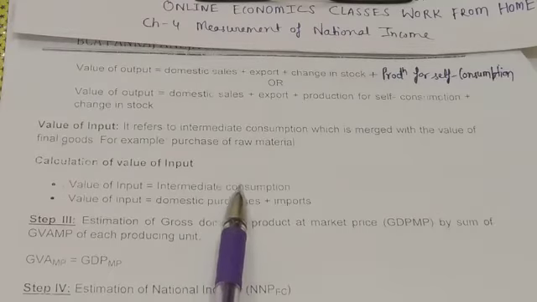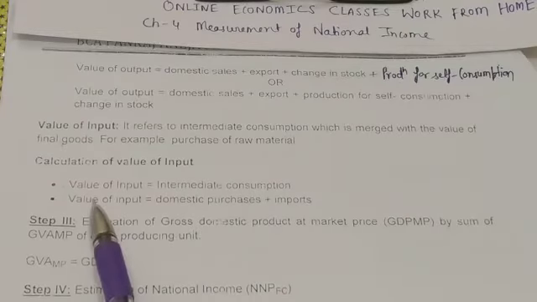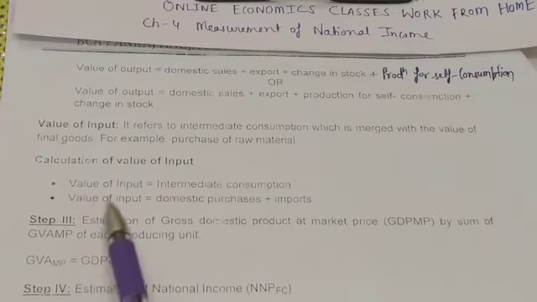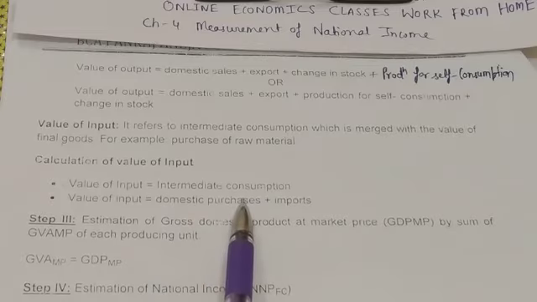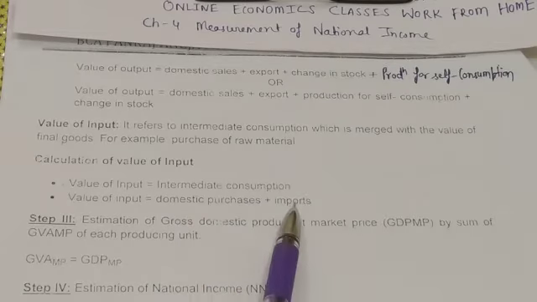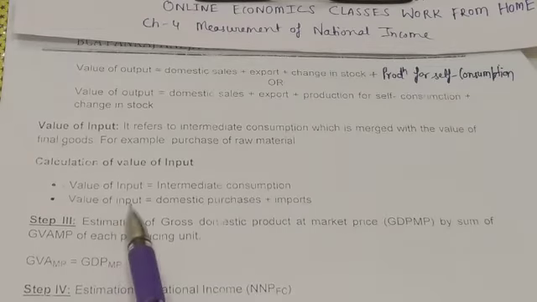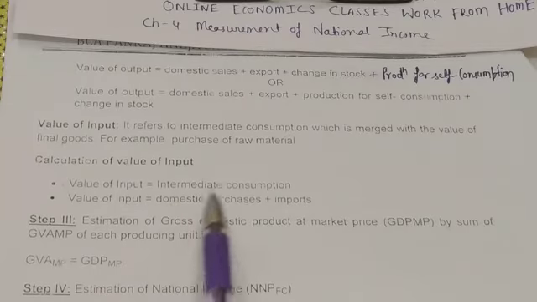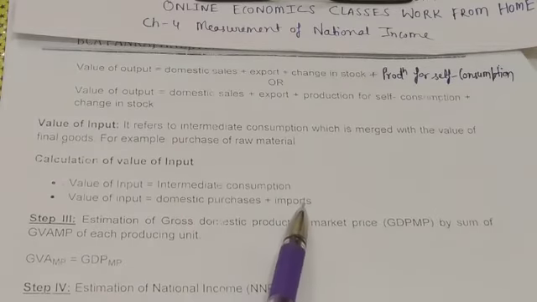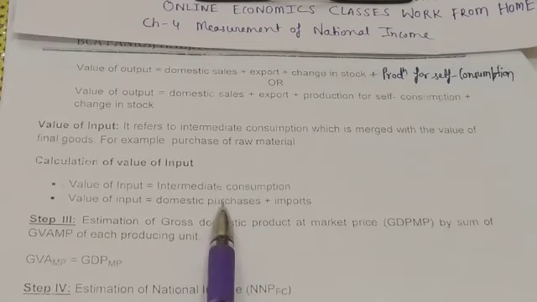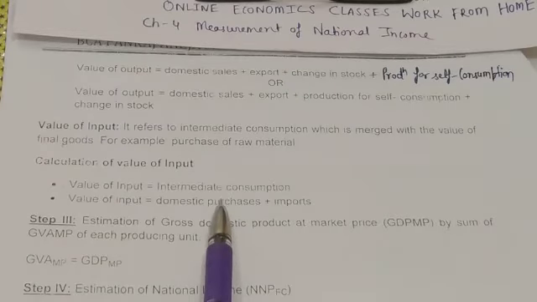I hope all of you have understood this. Next point, value of input is equal to domestic purchases plus imports. Domestic purchases means we are purchasing in our own country.